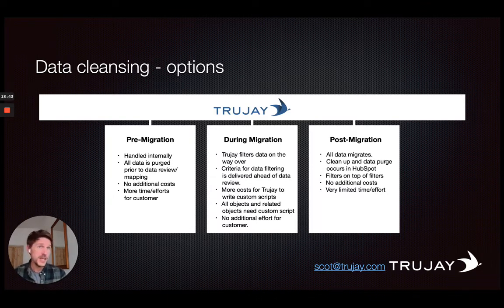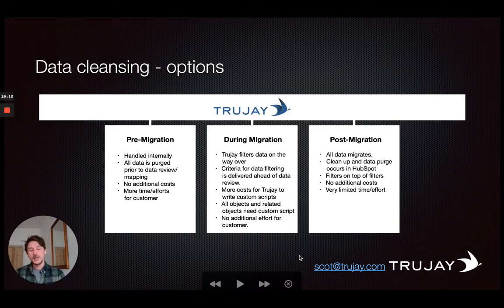So I don't want any data before 2018, or any of these users, we don't want to migrate any data that they are owners of. Any kind of filter that you can come up with, we can filter on the way over. This will cost more for you, and it is a little bit more work for us to do. We have to write some custom scripts for the specific objects and all their associated objects as well.